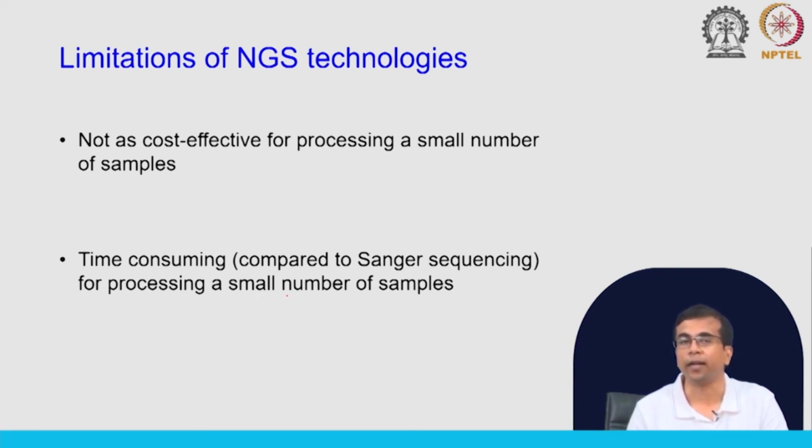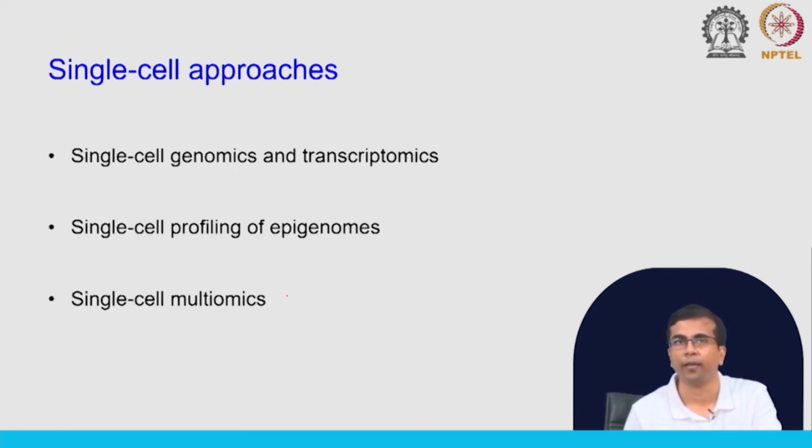The second problem is time. It is very time consuming if you are processing a small number of samples, but then you can go through the Sanger sequencing route. In addition, with newer advancements, we are making these steps, such as library preparation, much simpler, so that they take less time.